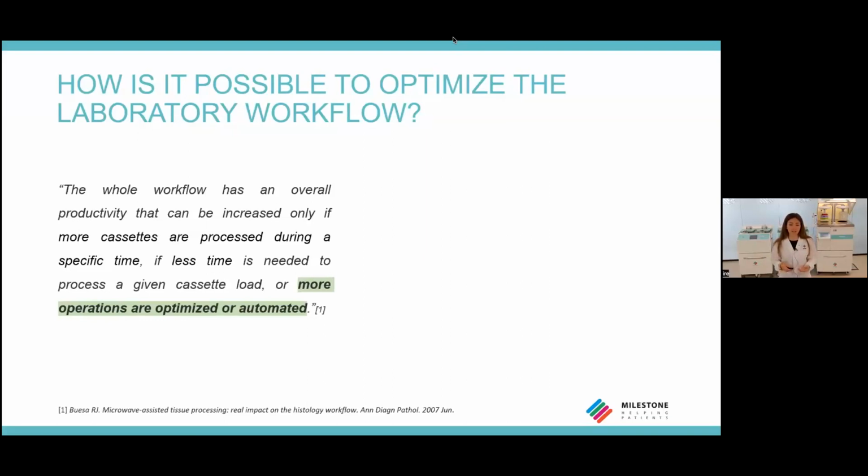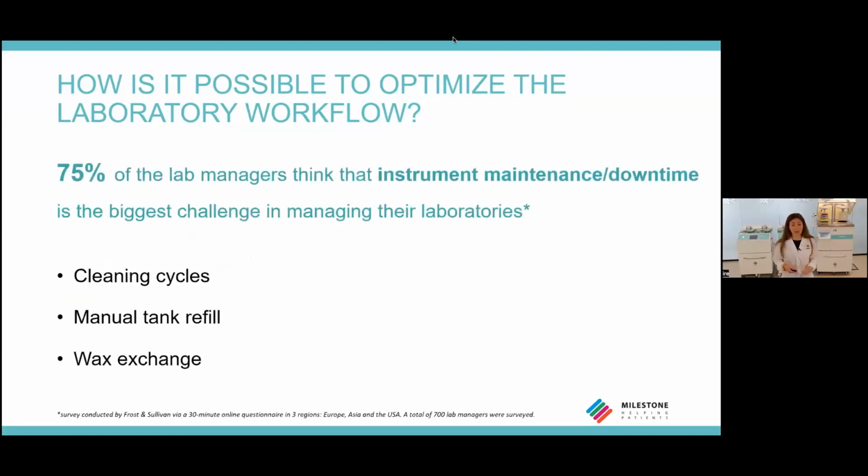Because again, according to the previous survey with lab managers, another reason for slowing down is the time required for instrument maintenance and downtime. So these kinds of operations are, for example, the cleaning of the main cavity from wax, the reagent exchange, and also wax exchange.